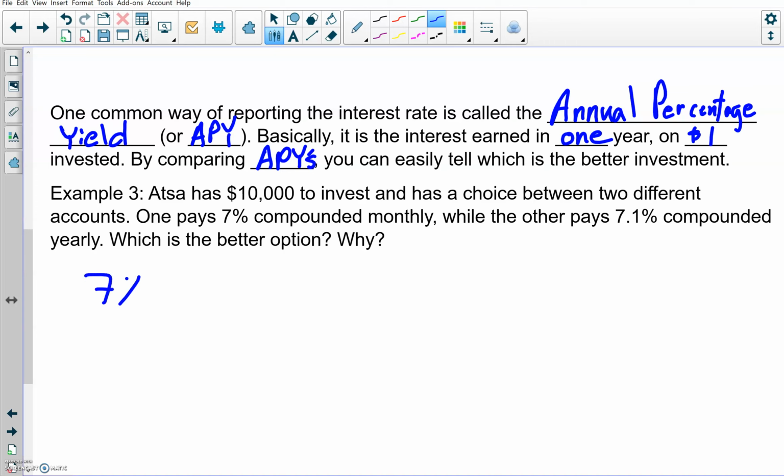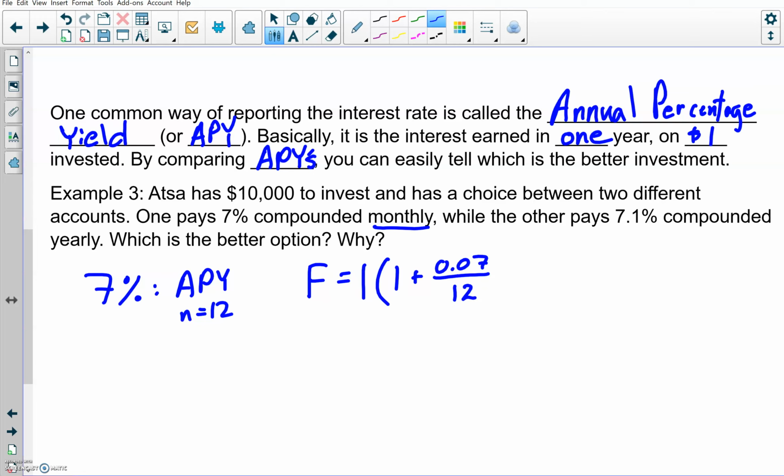So let's do the 7% one first. And the APY here, N is going to be 12 for compounded monthly. And we're going to use F equals, we assume $1, so 1 times 1 plus 0.07 for the 7% over 12, because we're compounding monthly, and then raised to the 12th power, 12 times 1 technically, because you always do this just for 1 year.